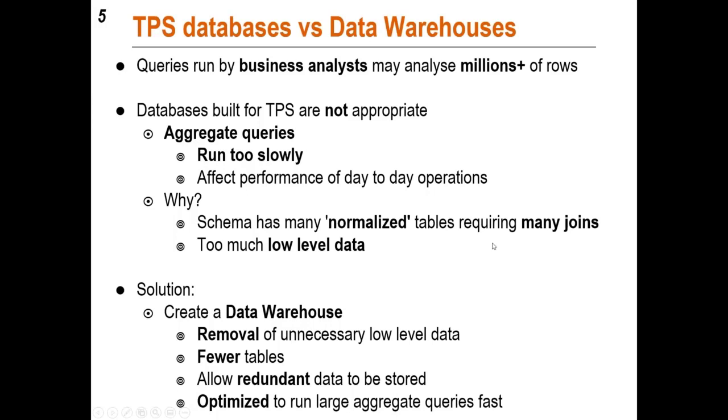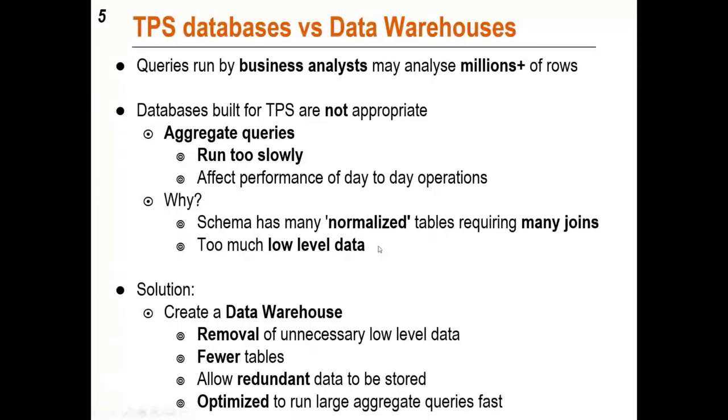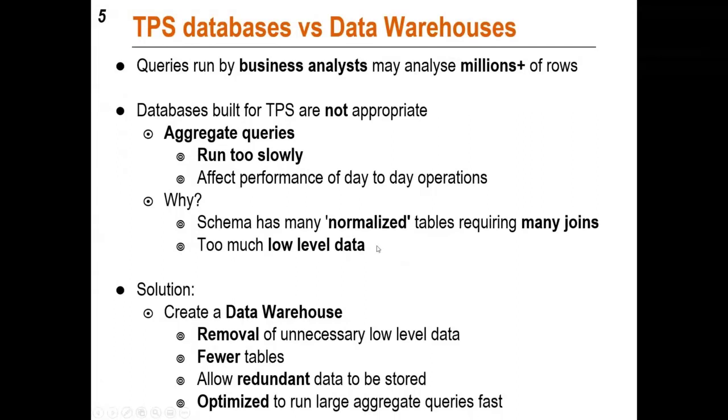And there can be lots of joins between different entities, right? So we have more granular, low-level data in place in transaction processing systems, and we have designed the system for that purpose.